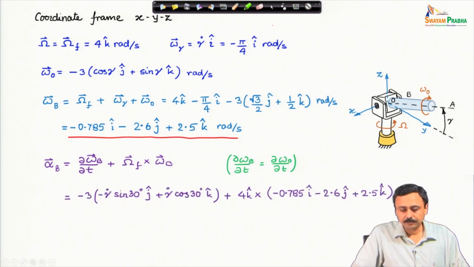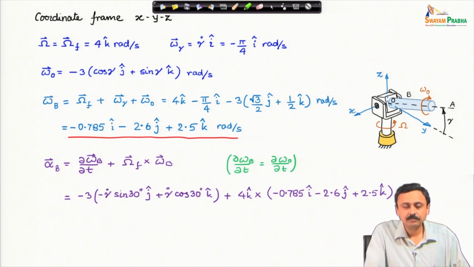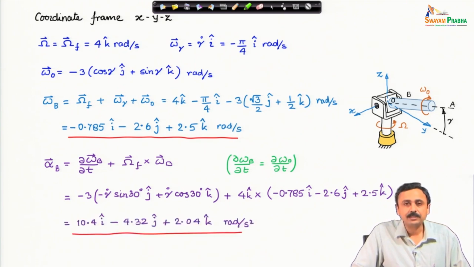If you substitute all these expressions in the expression of alpha of the body, then you will finally get the angular acceleration of the body.